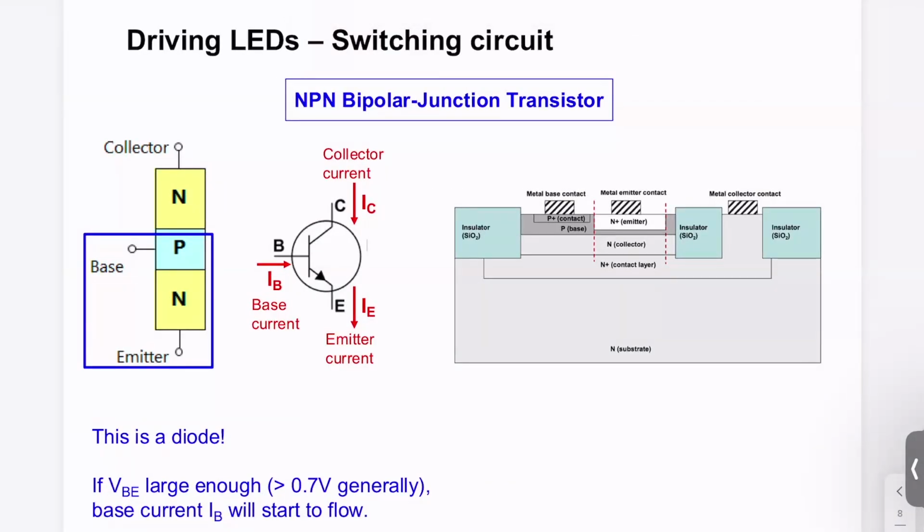So when you apply voltage, your PN junction generates a lot of electrons and holes. And then the base-collector is also a PN junction that is pulling the electrons to the collector. So that's why it's called a collector.